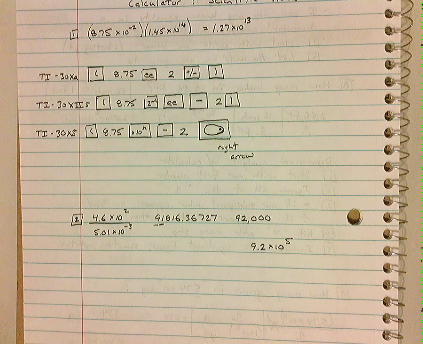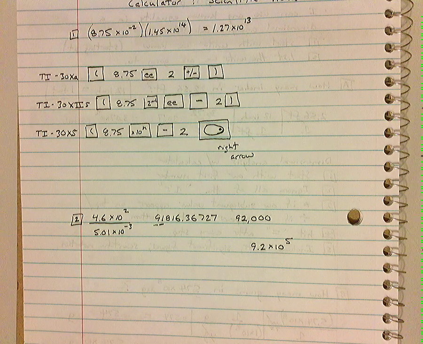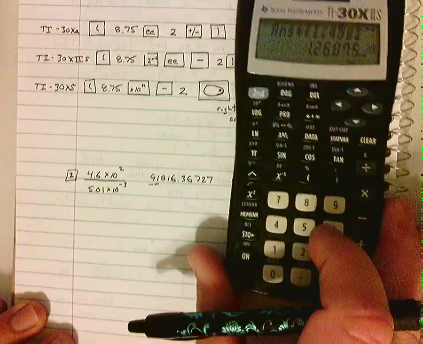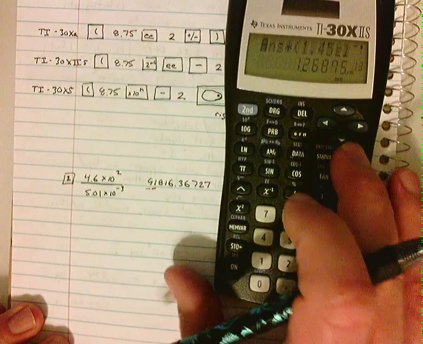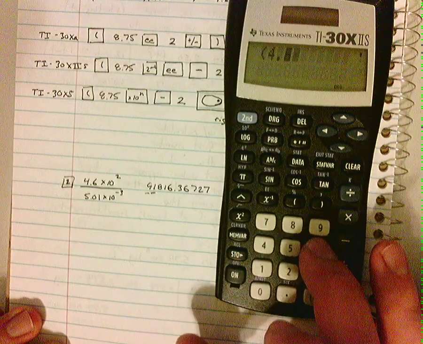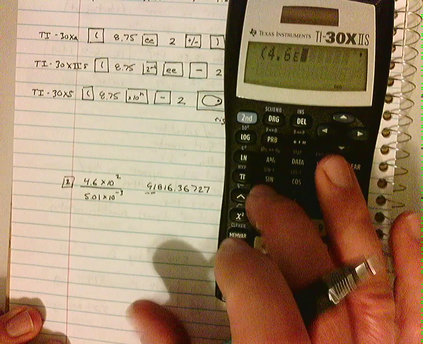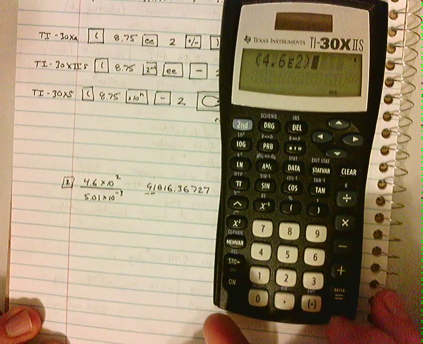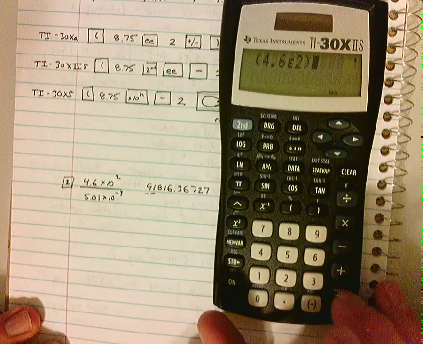On our TI-30X2S, let's work through that one to make sure we can get a similar answer. Clear everything. Parentheses, 4.6, second EE, so times 10 to the 2nd, close parentheses. I could hit divide right now, or I could hit equals. It really doesn't matter.